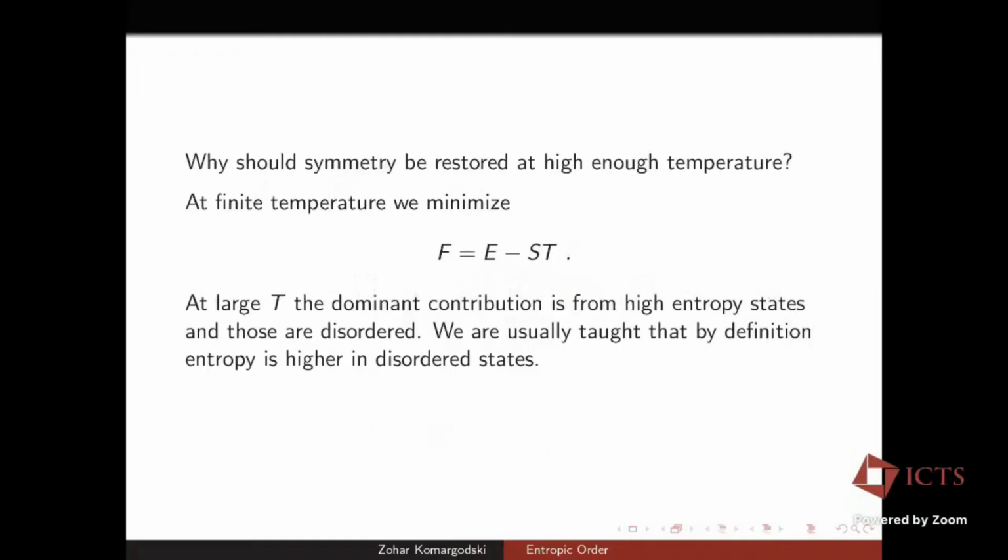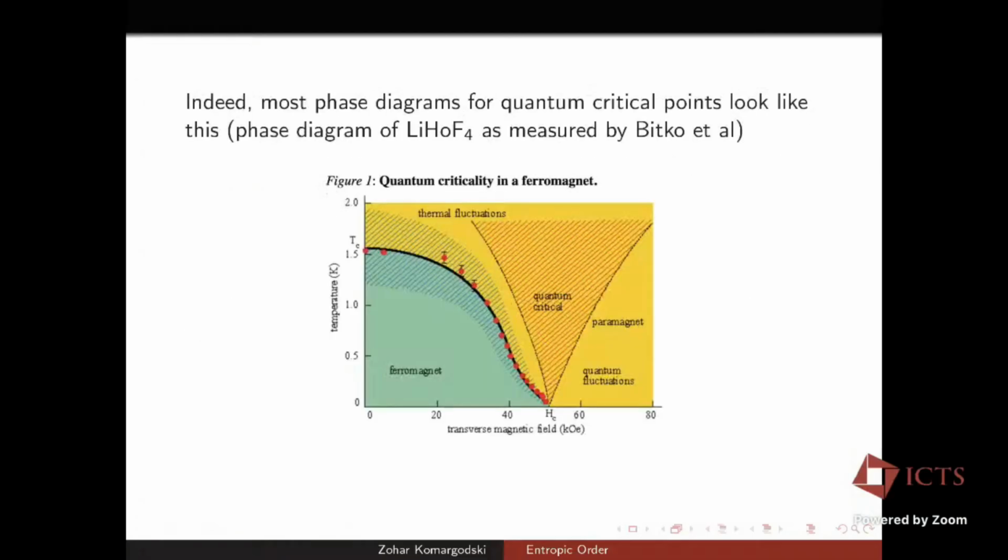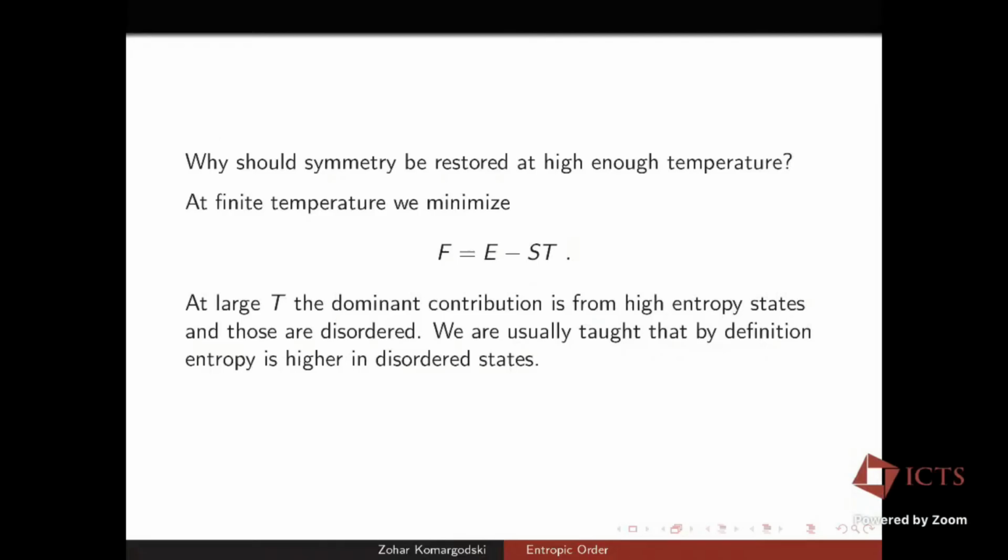Now, there is a question of, is it really a law of nature that any type of order must disappear at high temperatures? So is it a law of nature? Why is it happening? Usually we would say that at finite temperature, instead of minimizing just the energy, we minimize the energy minus the degeneracy of states, so formally E minus ST, where S is the entropy.